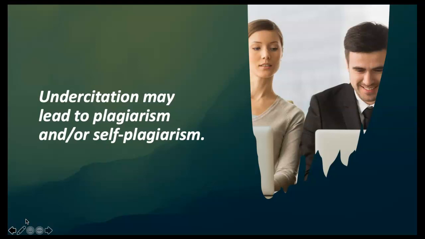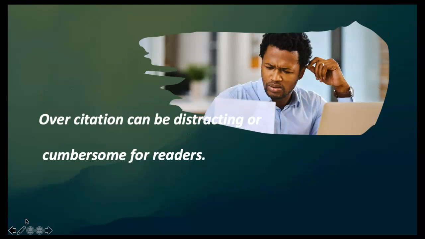So anything is a problem. If you're undersiting, it may be called plagiarism or self-plagiarism, and if you're oversiting, that would be distracting for the reader. Now, what oversiting is: in your paragraph you have 8 sentences and you have 7 citations. So everything is coming from outside sources.